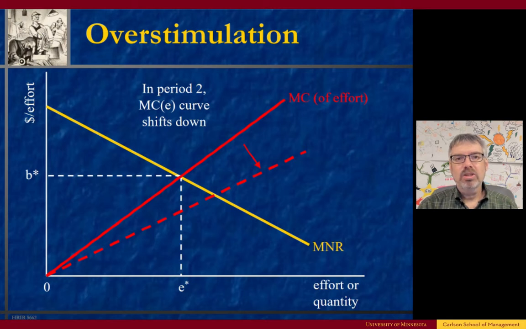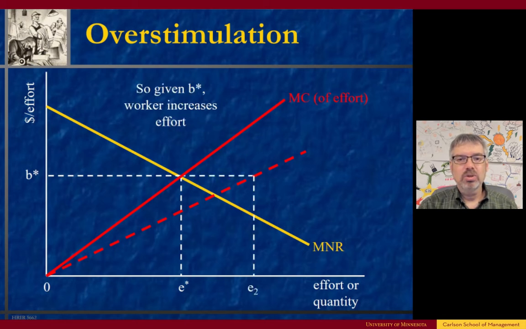And so if their marginal cost decreases, then at the initial level of effort, the benefit of their effort is greater than the cost. When the marginal benefit is greater than the marginal cost, you have an incentive to do more, and so employees are predicted to increase their effort.